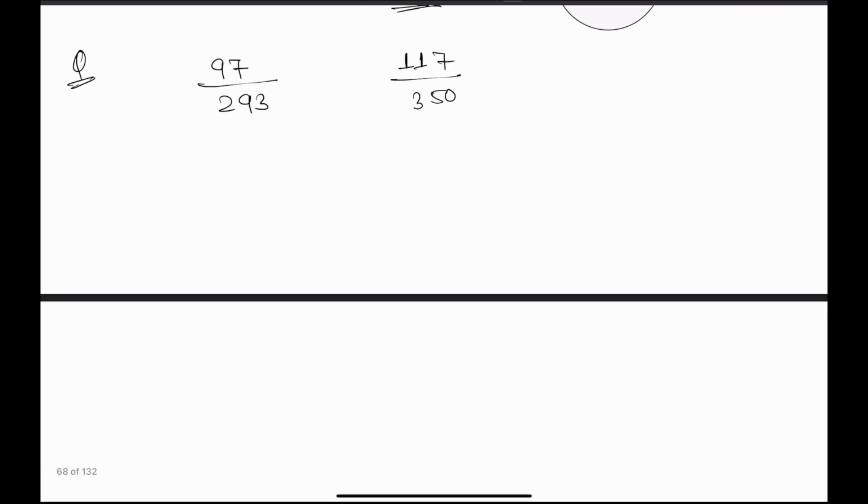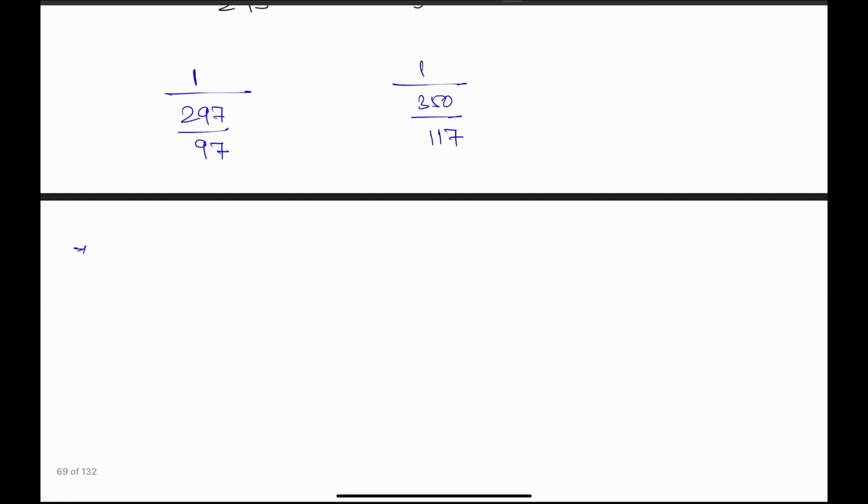Again, we will do the same thing: 297 divided by 97 and 350 divided by 117. If you do this, 97 into 3 is 291 only.